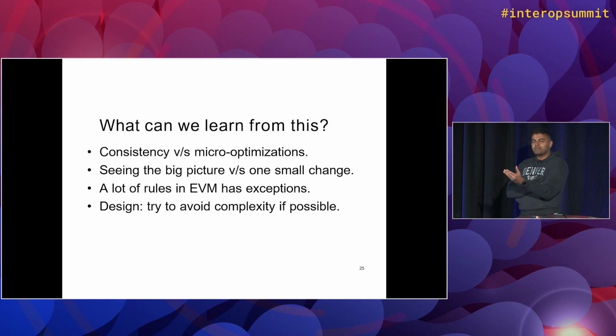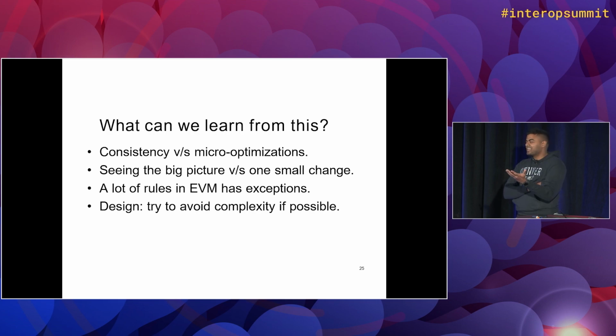But we saw what happened when you introduce this deviation and micro optimization. Some other tool down the line will not account for this, and there will be a bug somewhere. So something we can learn from the returndatacopy is that we should start looking into the big picture versus one small change when we are proposing new changes.